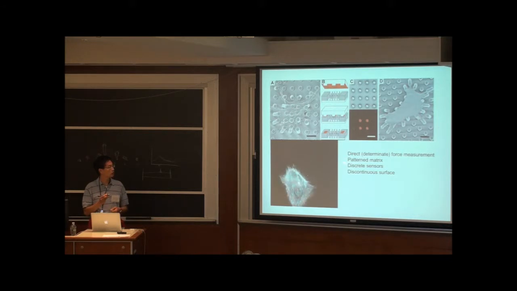So some of the advantages are also that you can pattern the matrix. So for example, just based on this, right, we can print down regions to be adhesive and non-adhesive, and that's very useful for my group because we're interested in studying some of these effects of cell shape. And I'll show you an example of that. For acrylamide gels or other soft gels, if you try to print on them, you damage the gel.